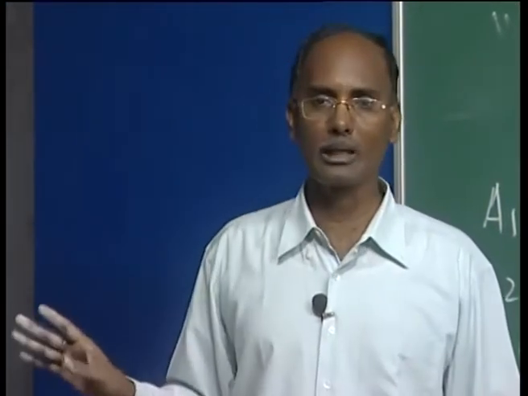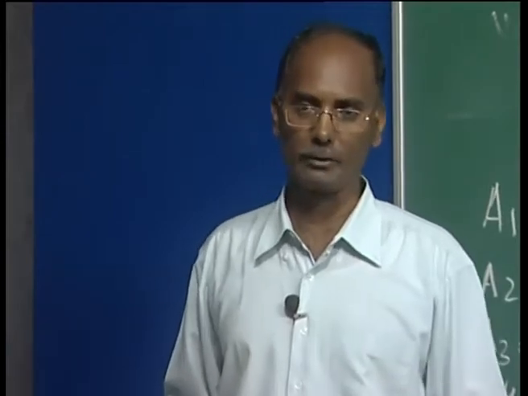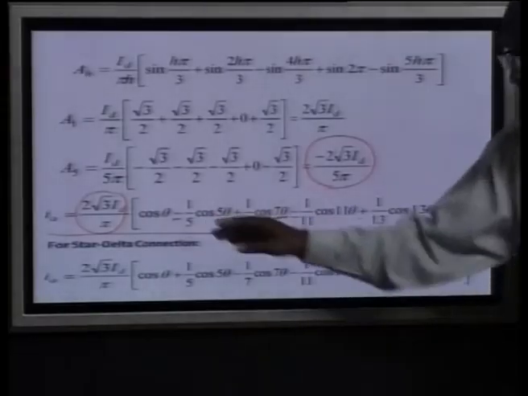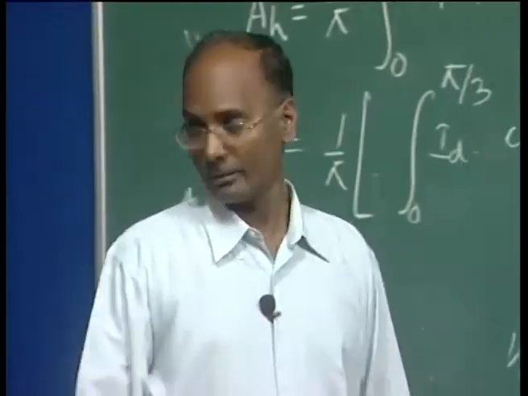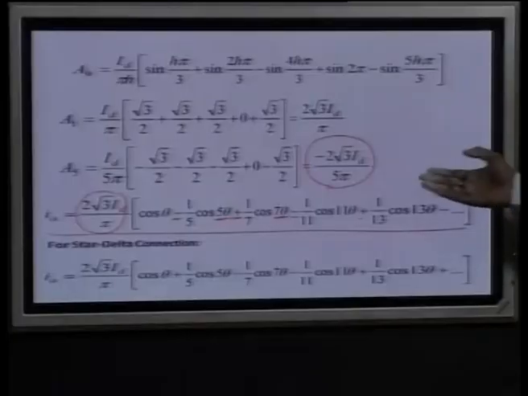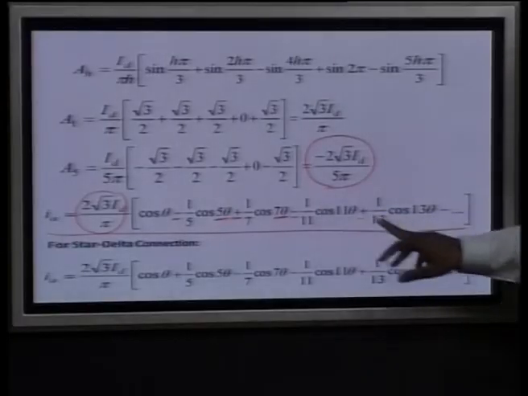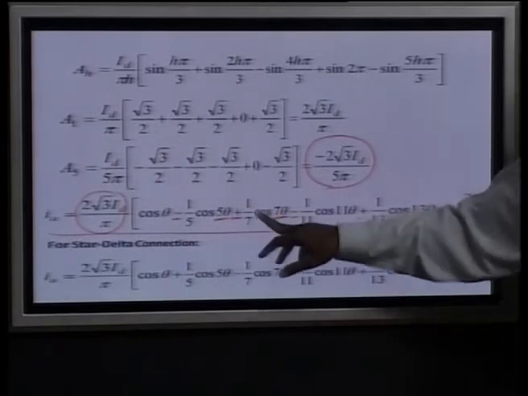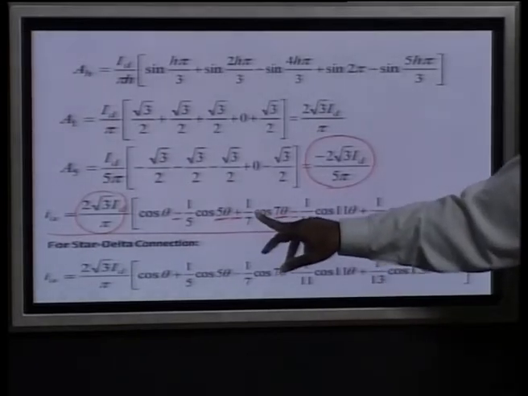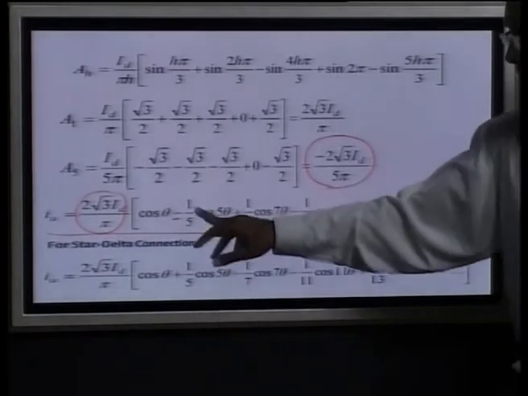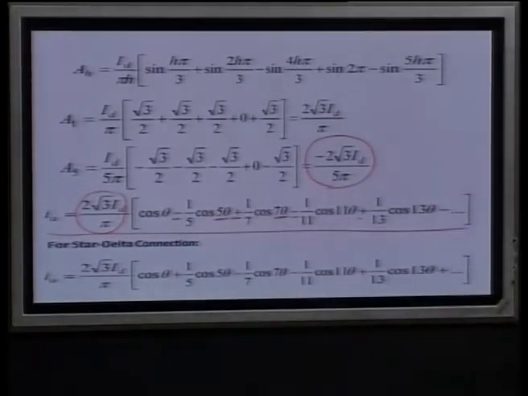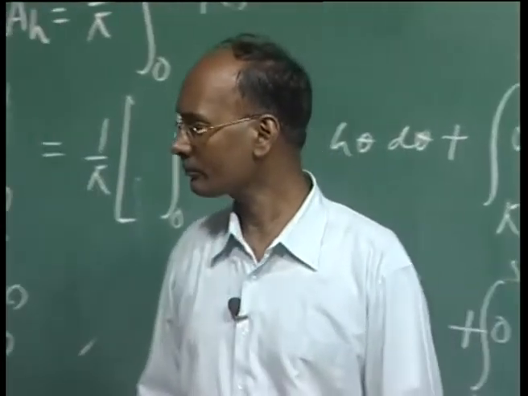Those are very small magnitudes, and for that we never design filters. But for these four components we have to design filters, because they are significant: 1 upon 13 means about 10%, here it is 8%, here almost 15% or so, and here approximately 20% of the fundamental component.